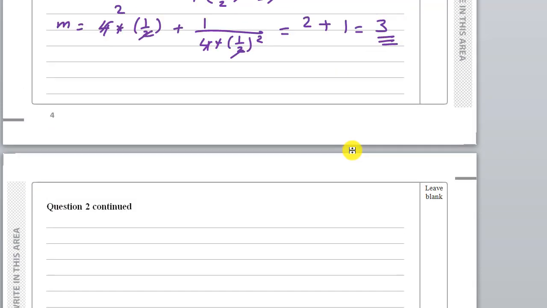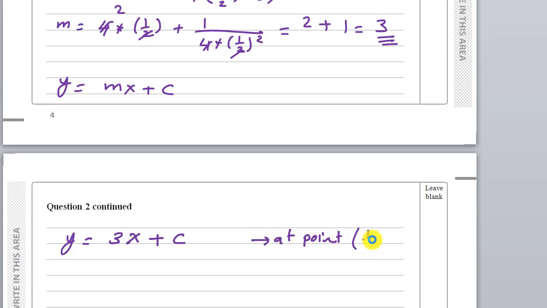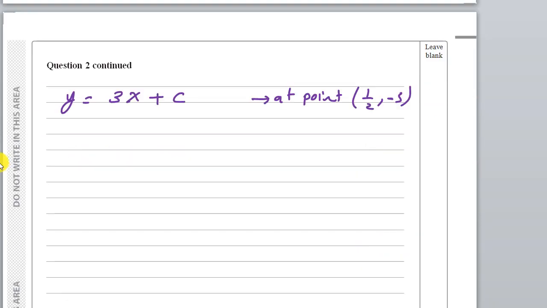So for the equation of the line, you can start to write y equals mx plus c. So y equals 3x plus c. Now at the point (1/2, -3), y is equal to -3 and x is equal to 1/2.